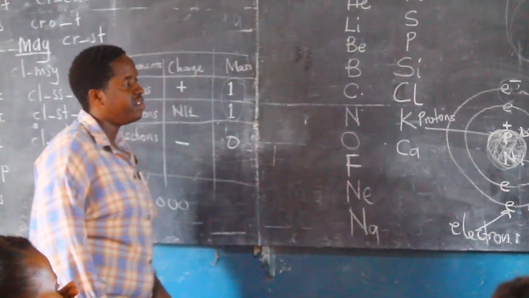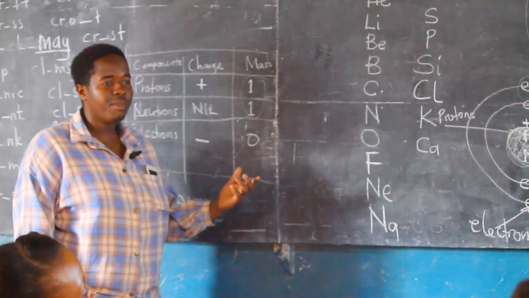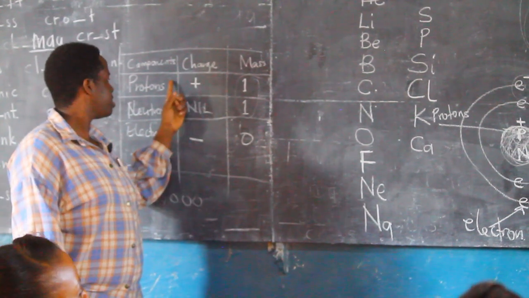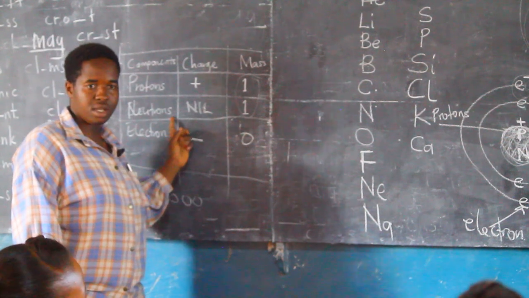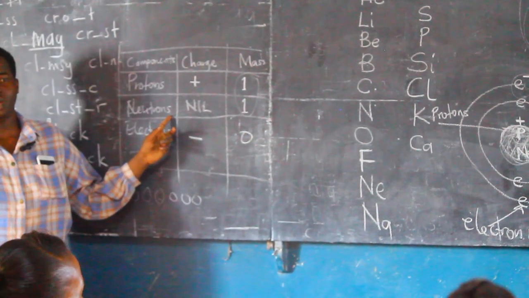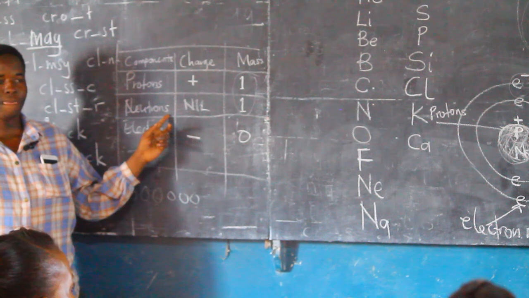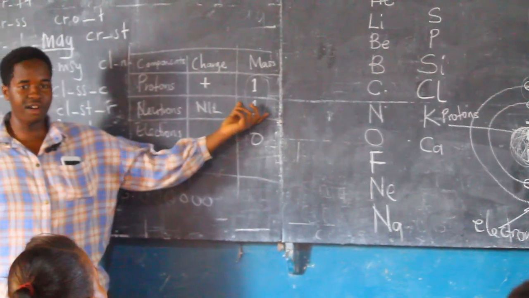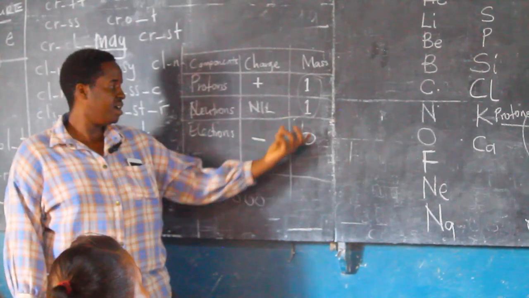Now when you look at the definition, it says the atomic mass is the number of protons and neutrons. Why? Because they are the ones that actually have mass, which is significant.